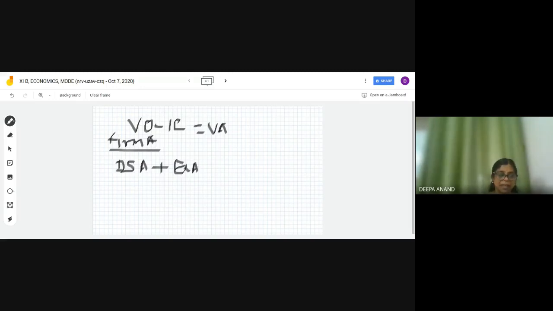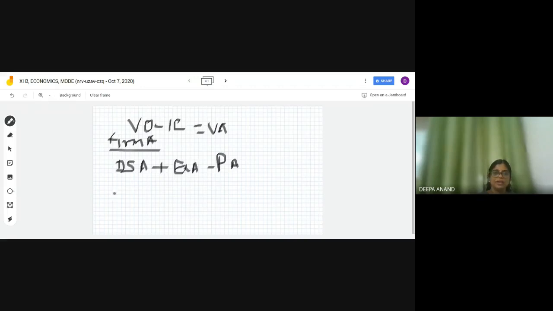Whatever sales will be added to value of output, and whatever purchase they have made should be taken as intermediate consumption. In this case, purchase by A is given. So minus purchase by firm A. Whatever purchased by them is used as the intermediate consumption. This is the total sales, that is the domestic and export.